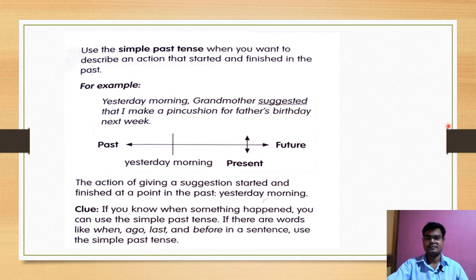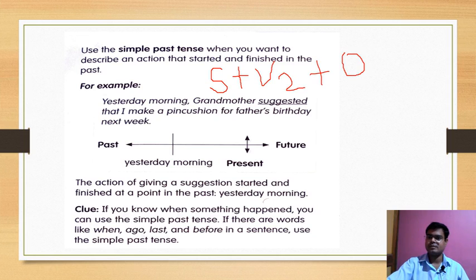Okay, so what is the formula of simple past tense? Would you like to know the formula? The formula of simple past tense is subject, one verb which is verb second form, and an object. For example, I baked what?